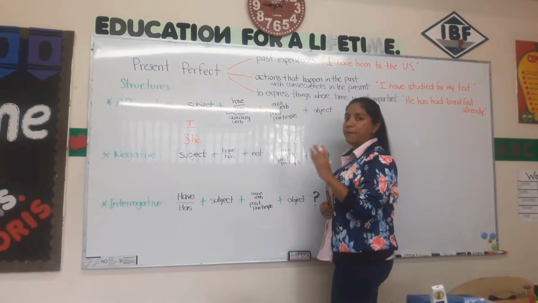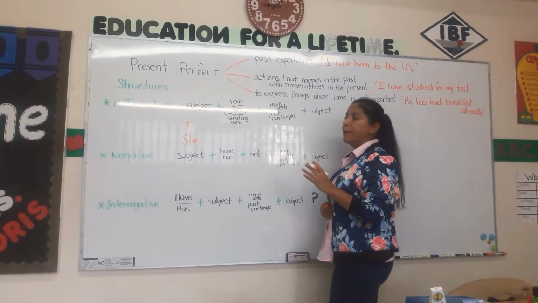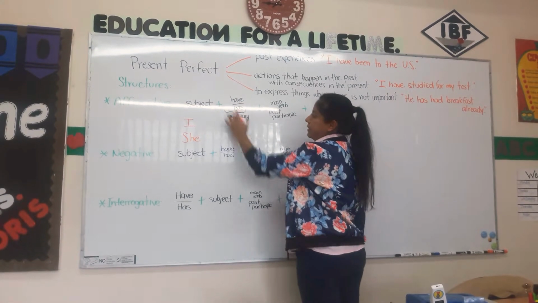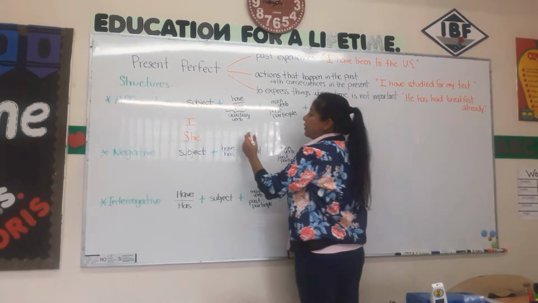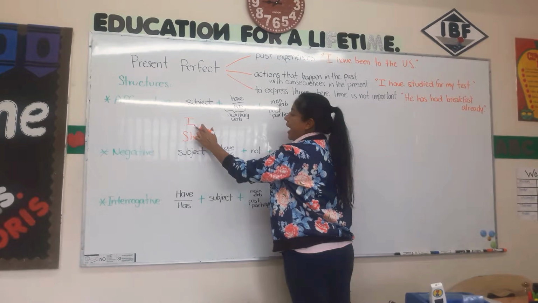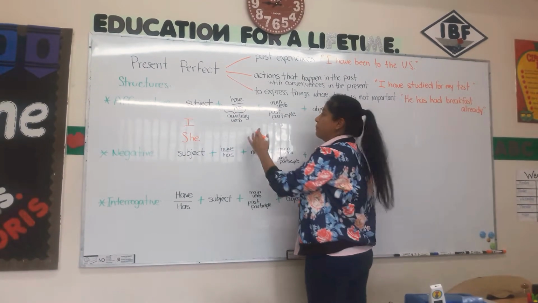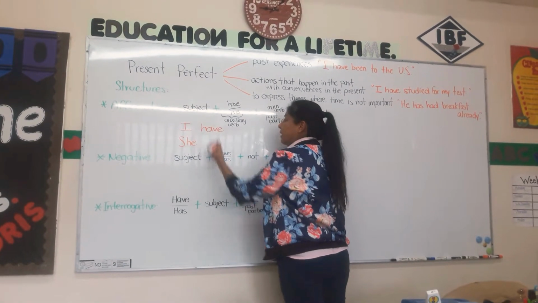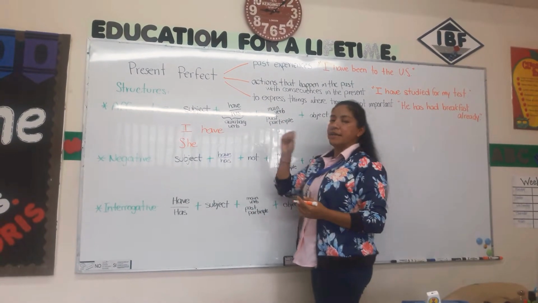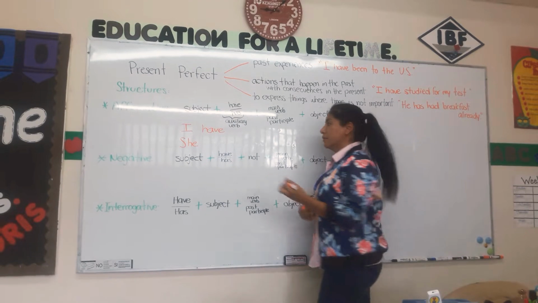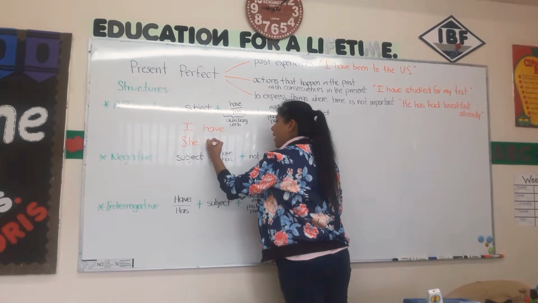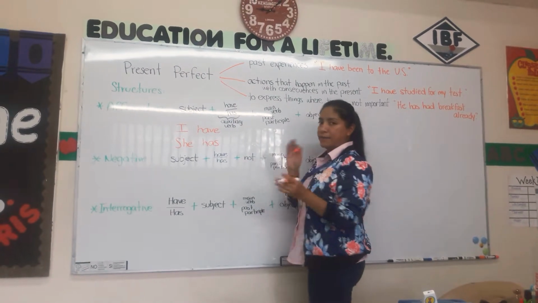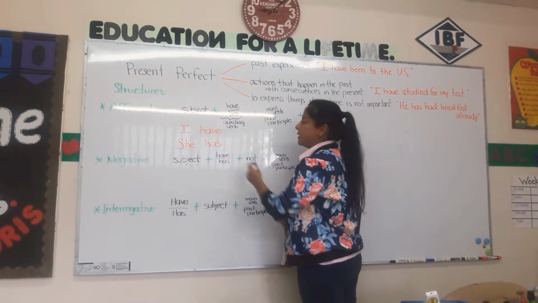Our auxiliary verb for present perfect is the verb have, and it has to be in present. When we use subjects like I, you, we, and they, our auxiliary verb is have. But for cases like she, he, and it, it's has. Remember that in the present, the verb have has two forms, depending on the subject.